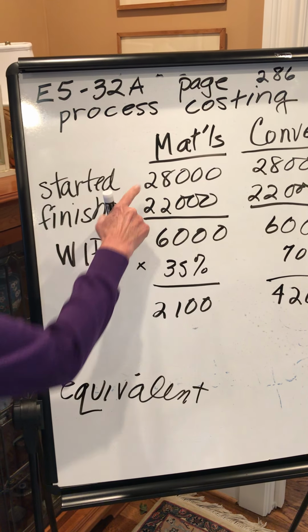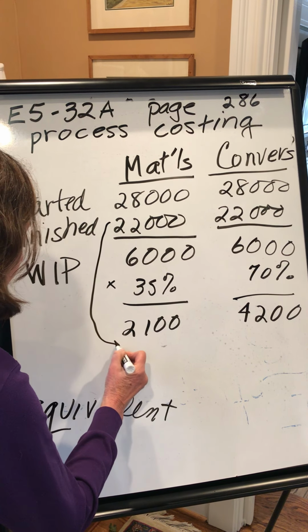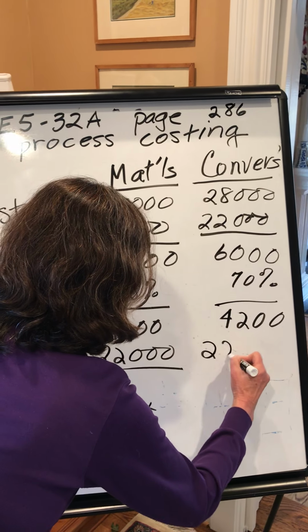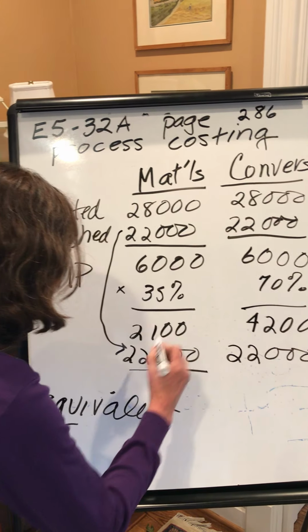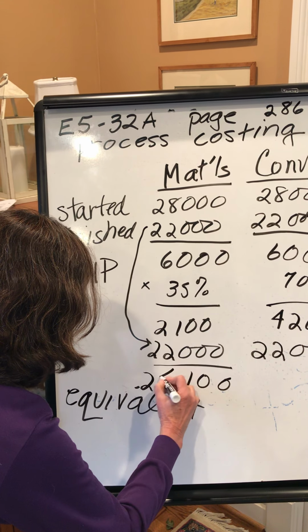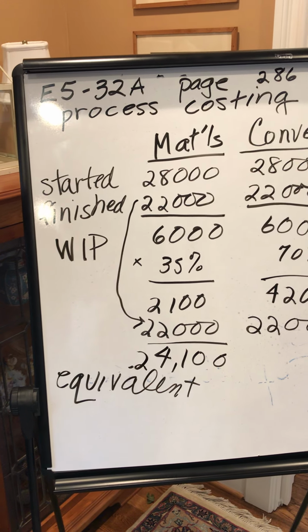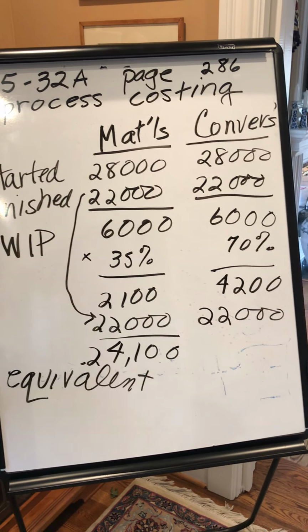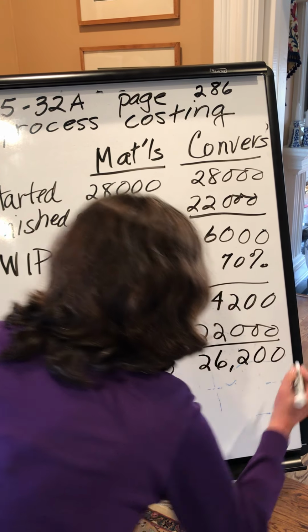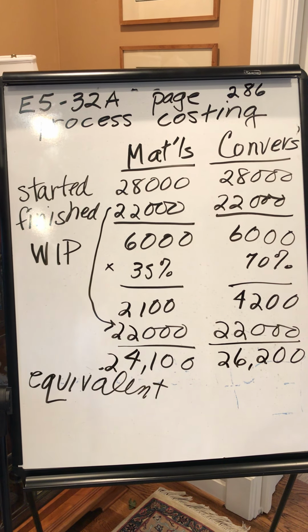Well, we know we had 22,000 that were finished. So we've got 22,000. We're going to add to this number and to this number. So we have 24,100 units complete as to materials, and we have 26,200 complete as to conversion costs, labor and overhead.